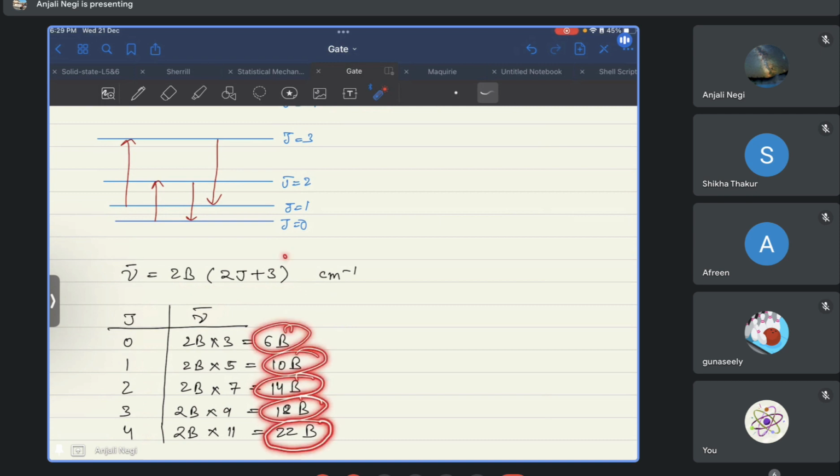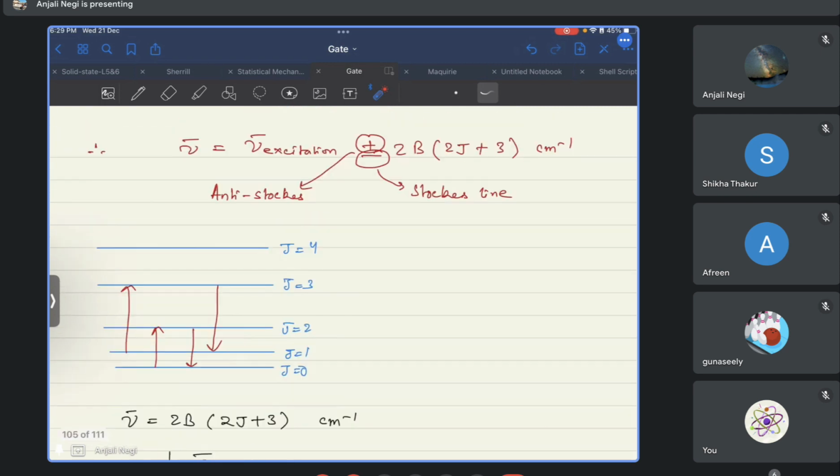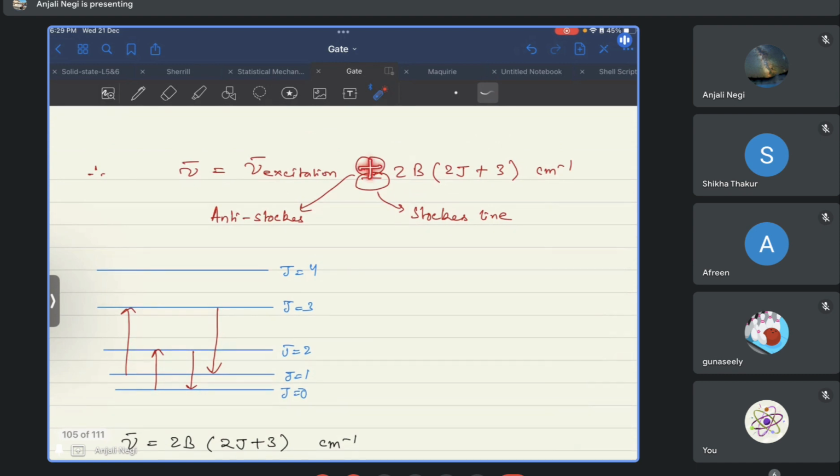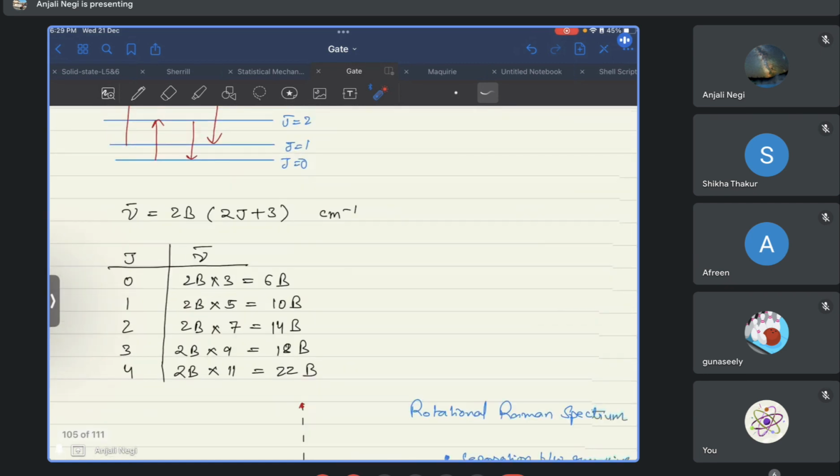Now remember, this is something which was either added to or subtracted from my excitation wavelength. So we are going further in a negative direction or in a positive direction, but with the same kind of difference.